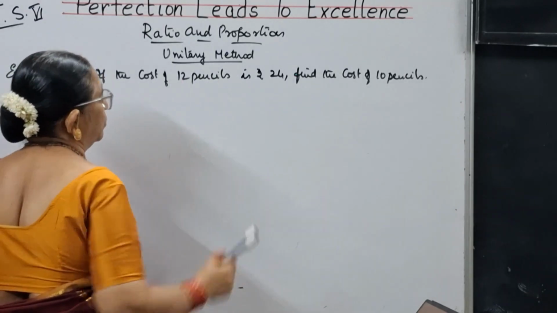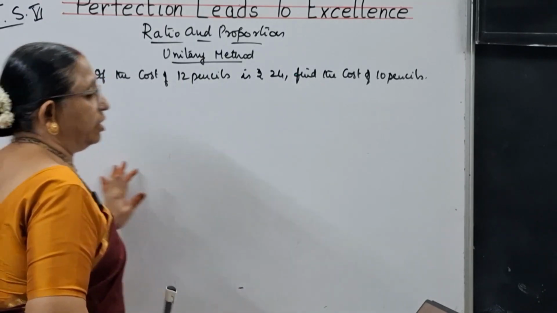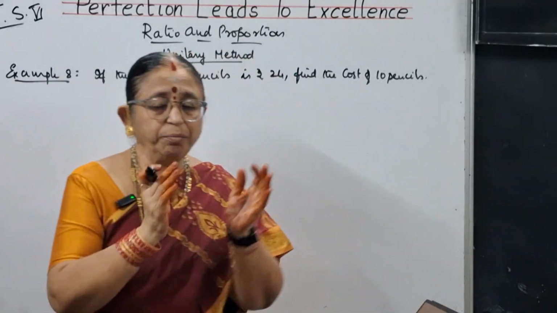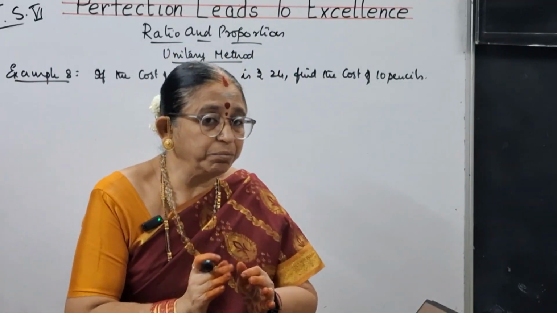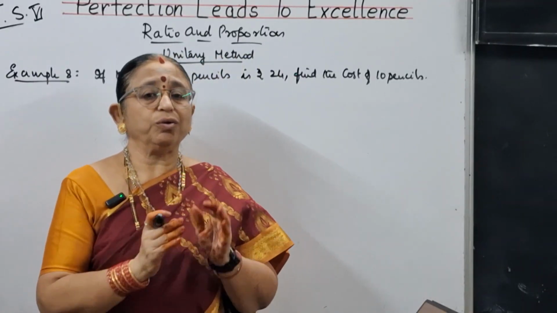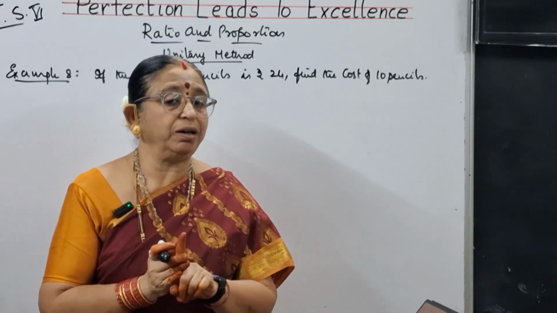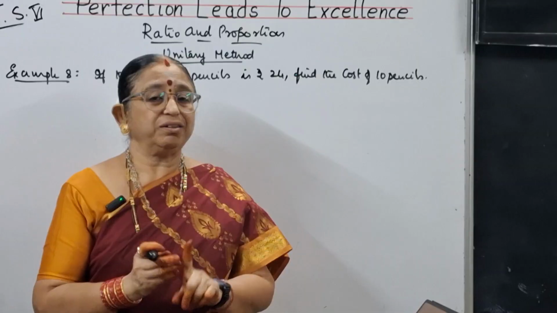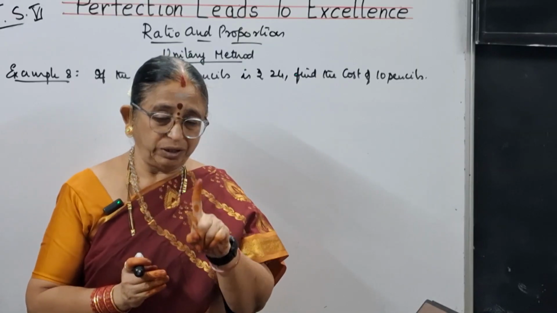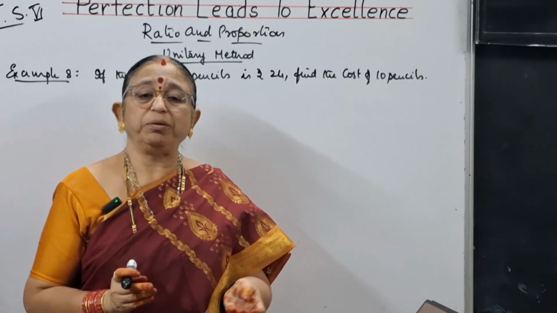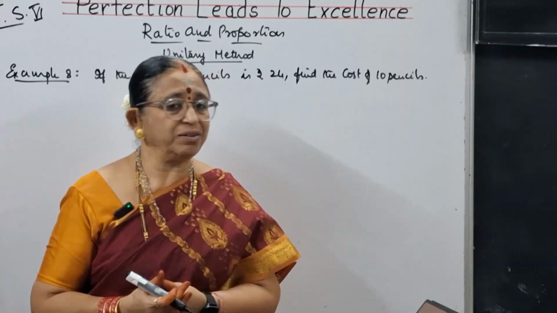So we call it as unitary measure. So unitary measure means what? Some amount or certain numbers will be given to you. So a ratio of certain numbers, you have to make it to a single term, that is unit, one unit. That you have to multiply with whatever is the number that is asked.